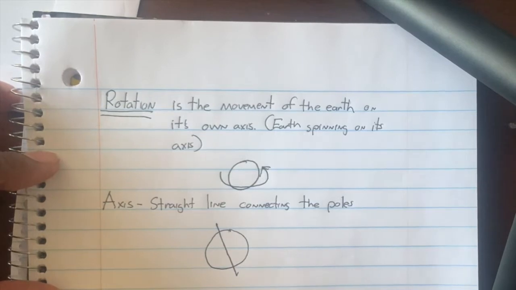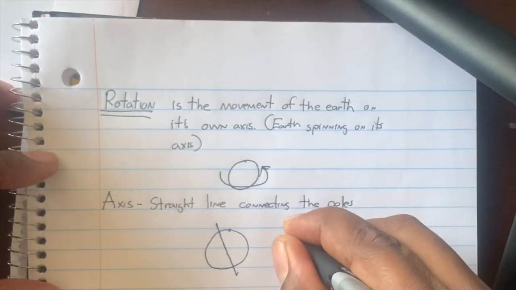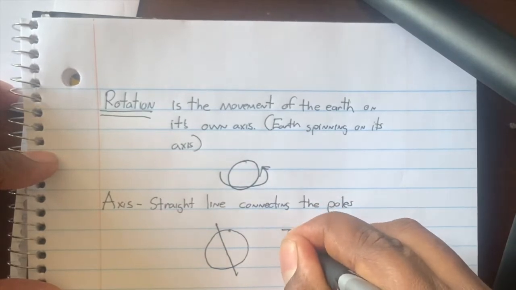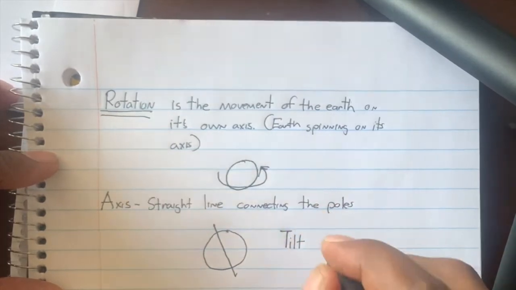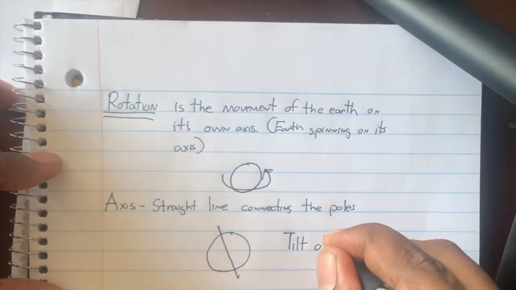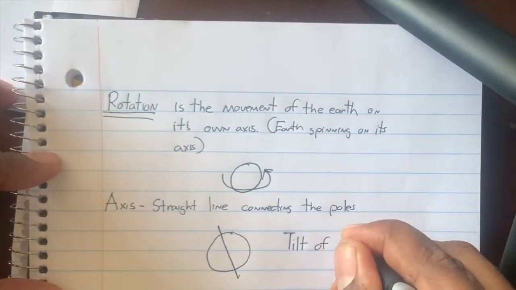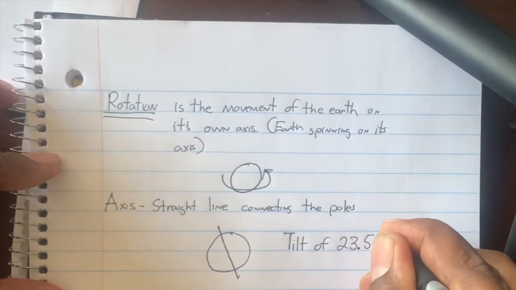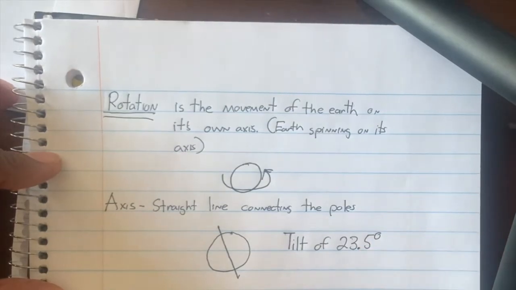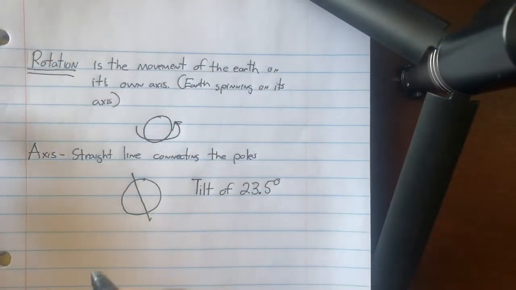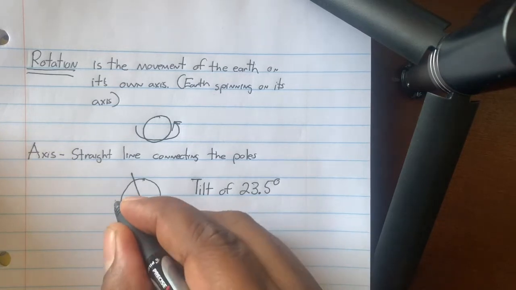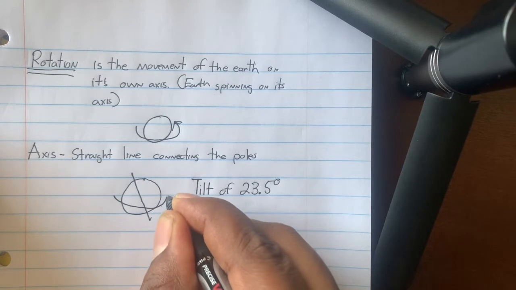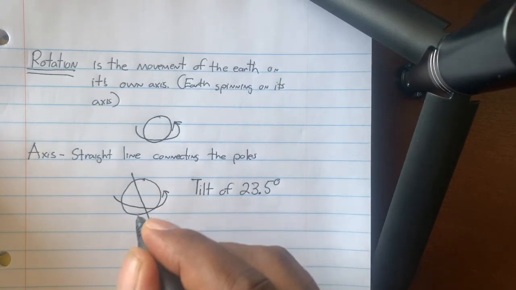There's actually a tilt of about 23.5 degrees, and this is going to be for purposes of your test, because they always ask this. On this one, we still have this spinning motion that we call a rotation.